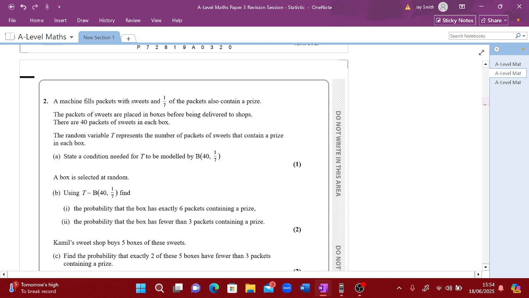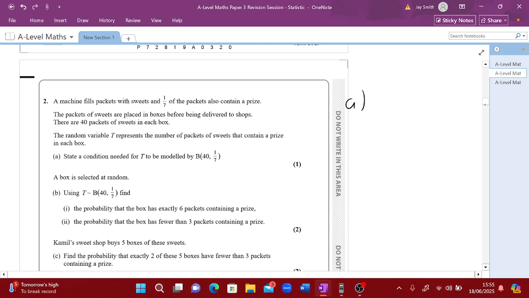All the sweets that you pick up, the probability any of these sweets has a prize is always the same. Picking some sweet packets doesn't affect the probability of another sweet packet having a prize. So the assumption is that the packets of sweets with a prize have to be independent, but also the probability is random. We're not being biased essentially, and that's essentially what we could say.